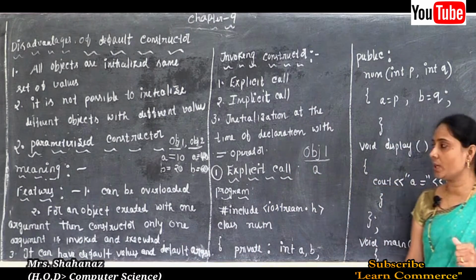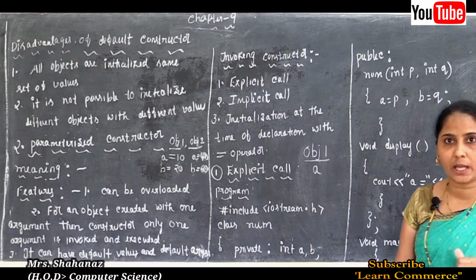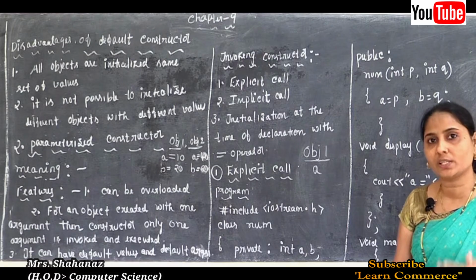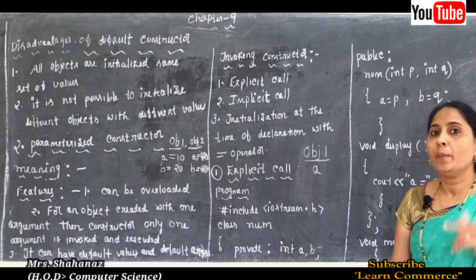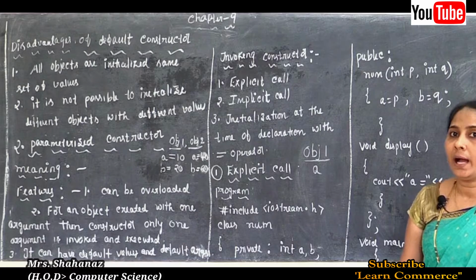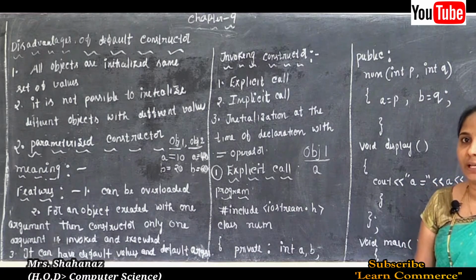The first feature: the parameterized constructor can be overloaded, that means by using the same constructor name with different kinds of arguments, we can use the function again and again.